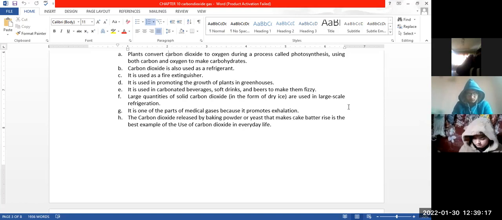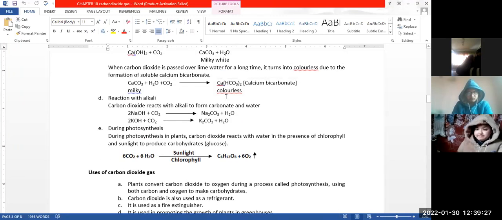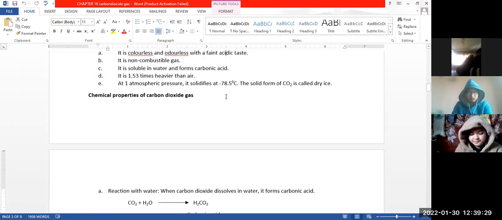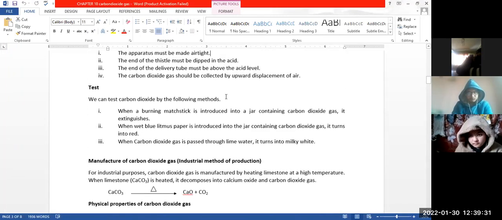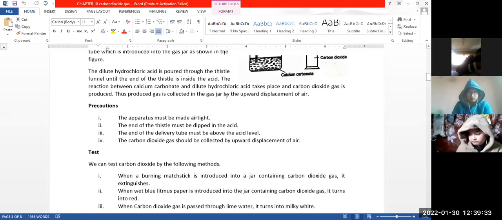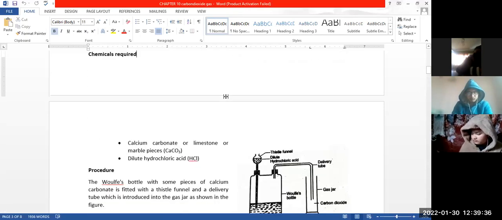And now I give you one question to practice. Draw the diagram of lab preparation of carbon dioxide gas. This diagram is given in your book also.